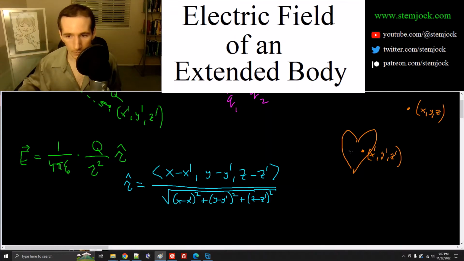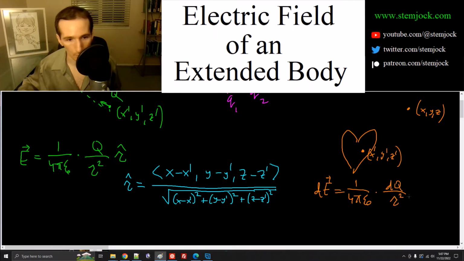What we do is we look at the electric field of this particular point. It's going to be pretty much the same, but we look at the differential of the electric field. So this is going to be 1 over 4 pi epsilon 0 times dq over r squared r hat.